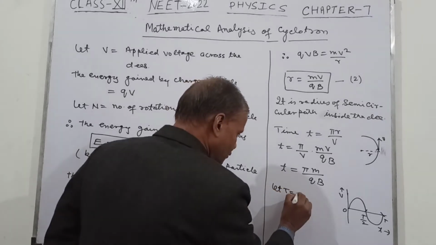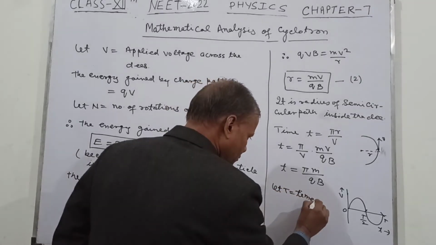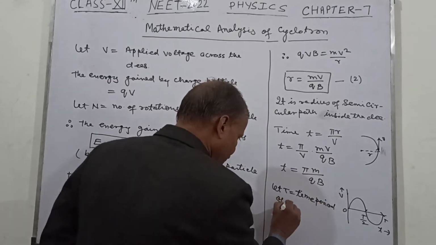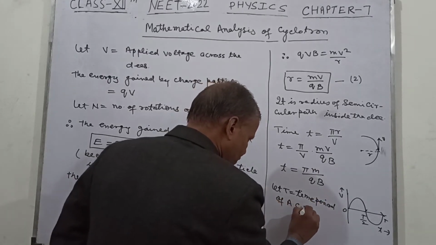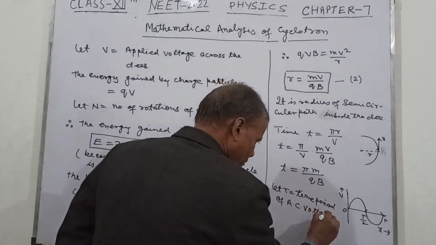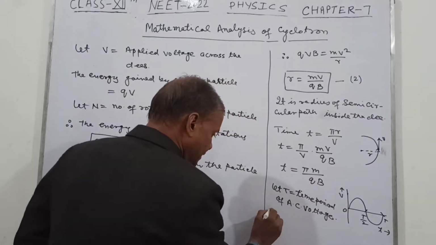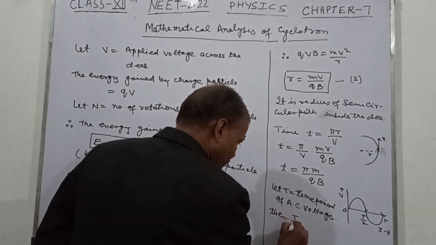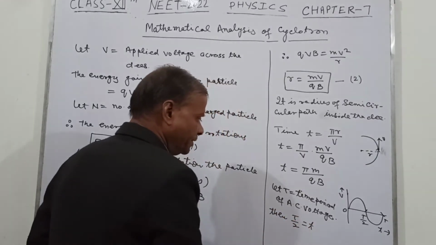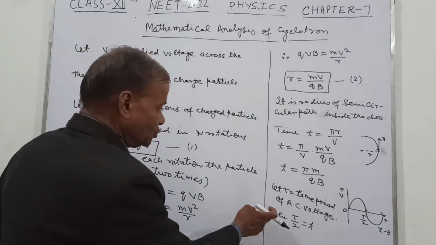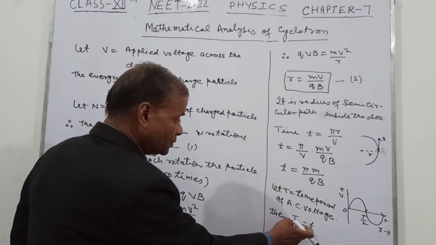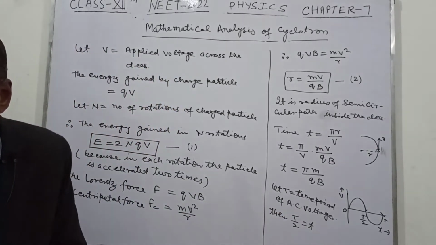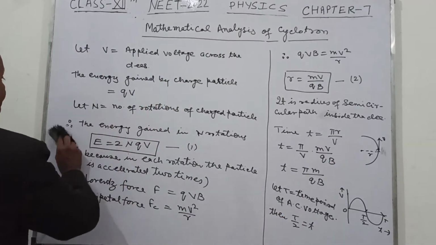Let T equal the time period of the AC voltage. Then T upon 2 is equal to t. So T upon 2 equal to t, which is pi m upon QB.